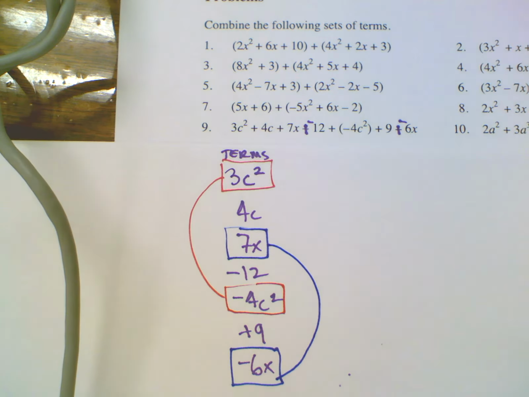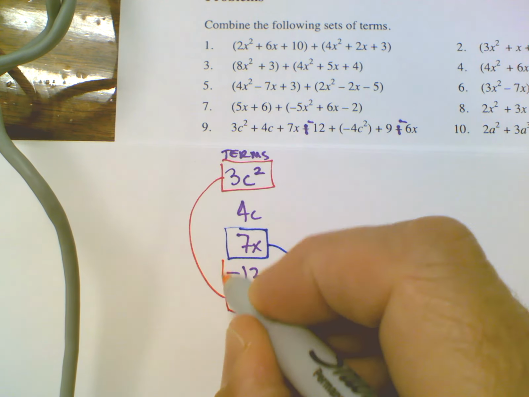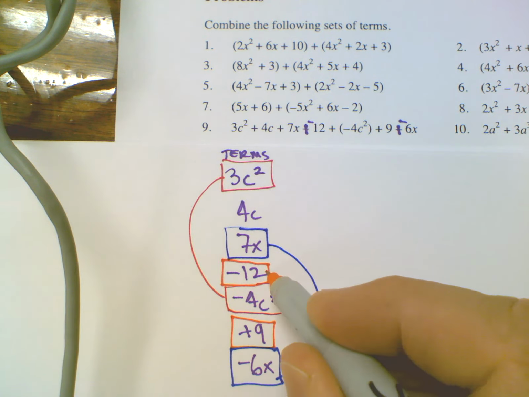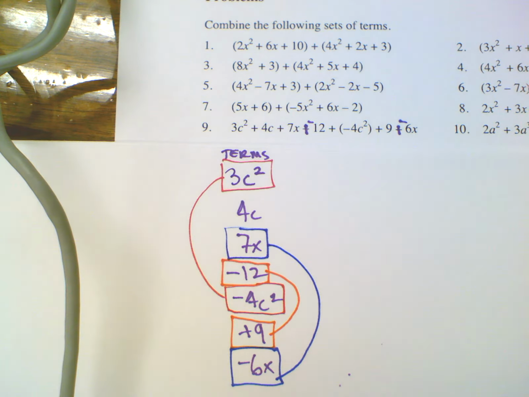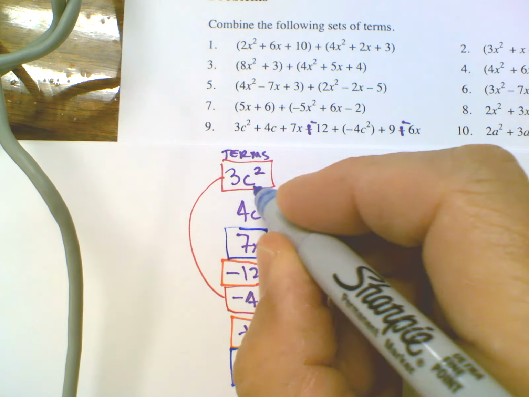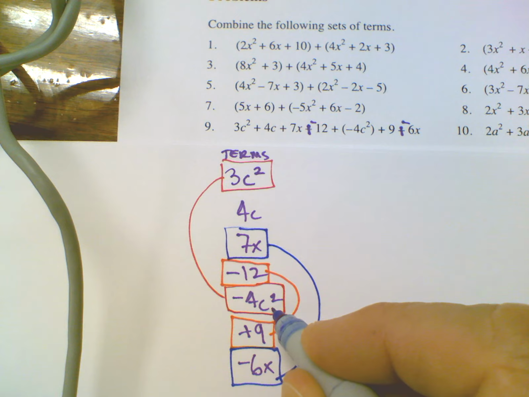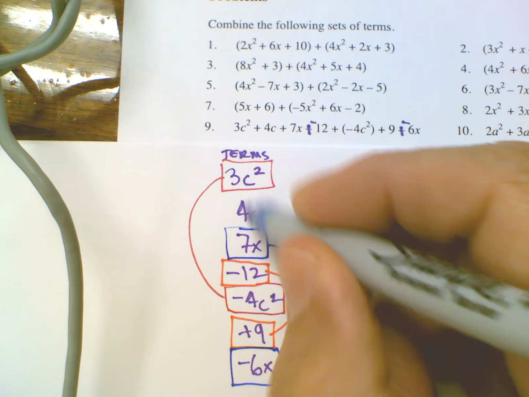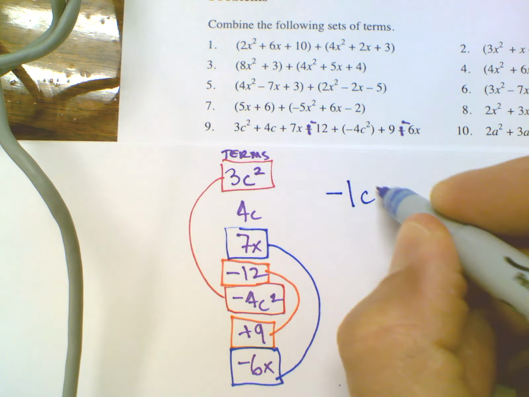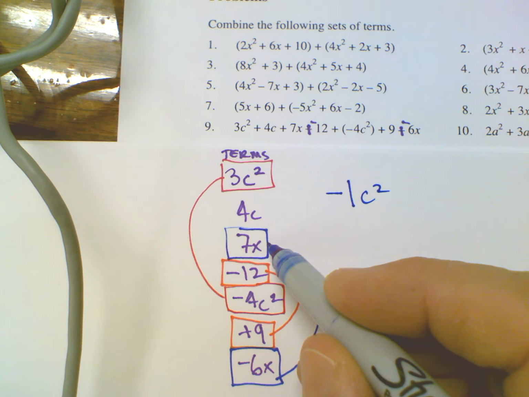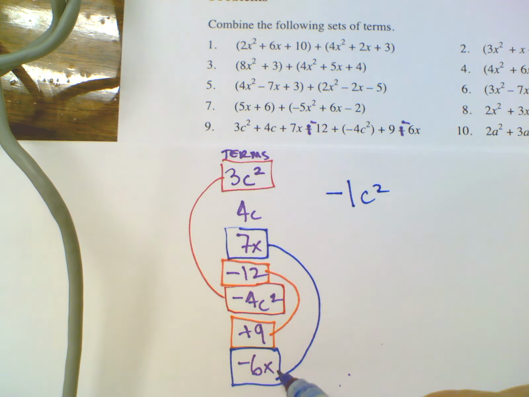The last set is the constants. The numbers by themselves are constants, so those are like terms. Combining like terms, I add the c's: 3c squared and negative 4c squared. You add the coefficients, the numbers in front, so it's negative 1c squared. I'll do the x's next.